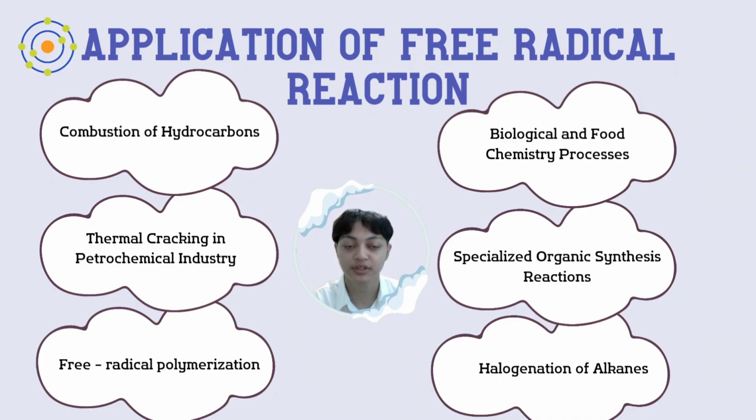For biological and food chemistry, free radicals play a role in processes relevant to biological and food science. An example is lipid peroxidation: free radical reaction with oxygen can degrade fats, especially unsaturated fatty acids, contributing to food rancidity and off flavors.